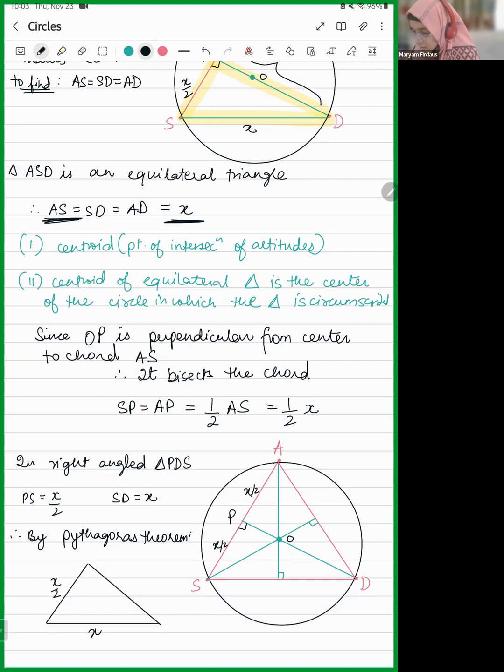This is x. And this is PD. This is 90 degrees. Now tell me. Arey, this is Pythagoras theorem, something you've been studying since 7th grade. Hurry up.